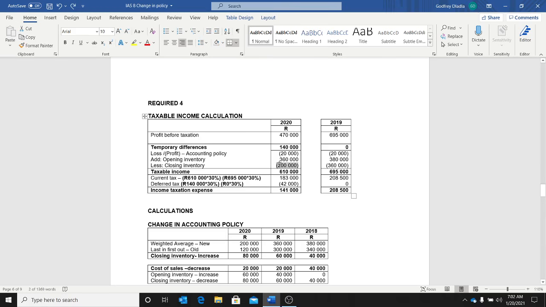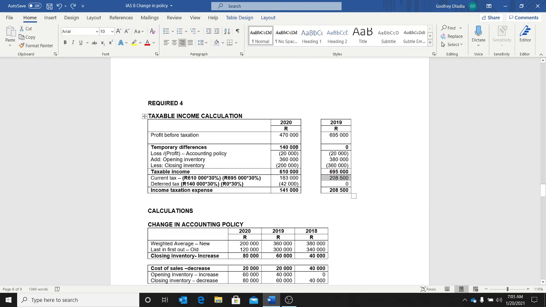So now, if you add all these figures on this column, it gives you 0 under temporary differences. On this one, it gives you 140. 470 plus 140 gives you 610. 695 plus 0 is 695. If you multiply these by 30%, they give you 183 and 208,500.